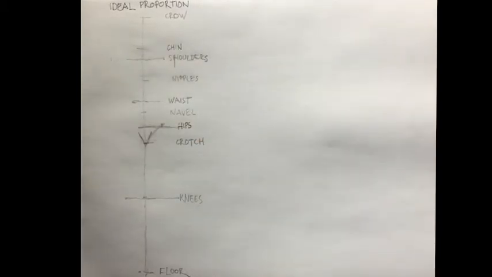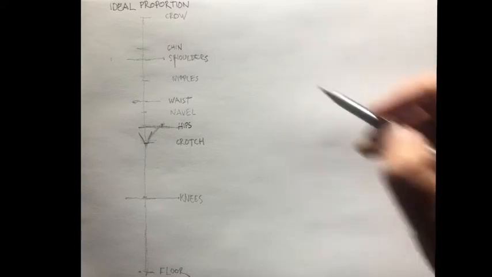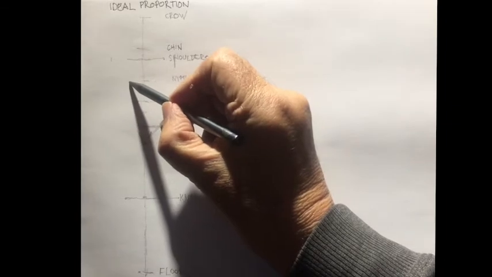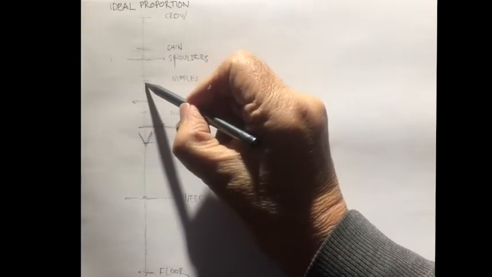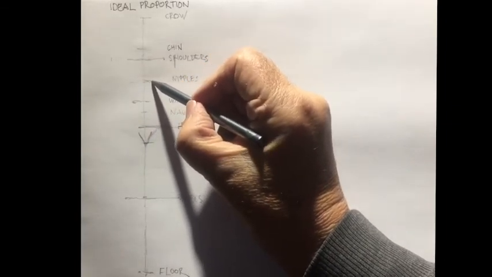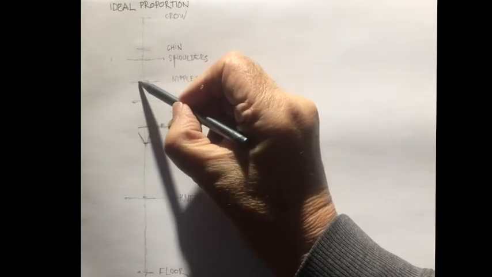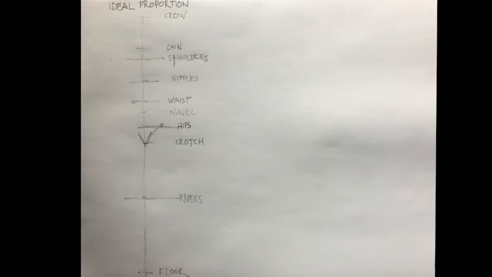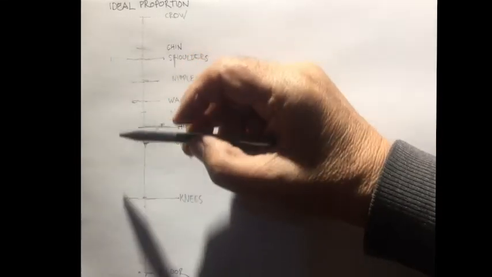Nipples. There. But nipples normally are a fraction lower than that line. Not quite there. I'd say the nipples should be about there. So a little bit lower. But you can write them, you can make them there, if it's just easy to remember, it feels okay.